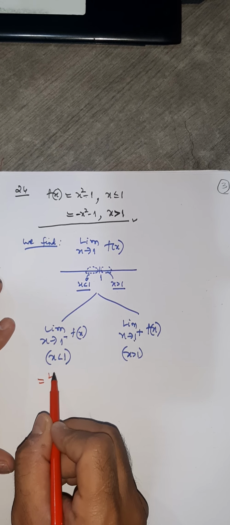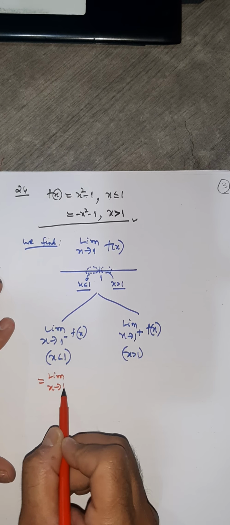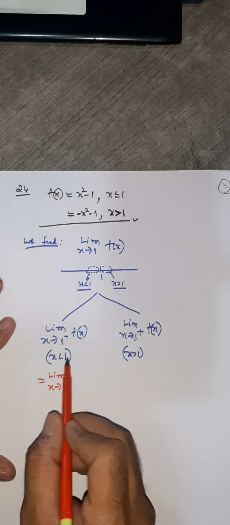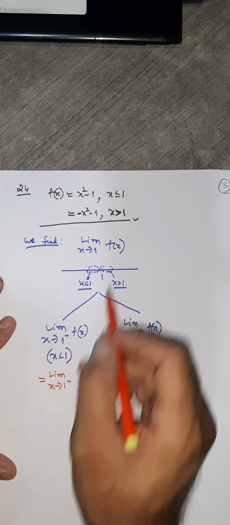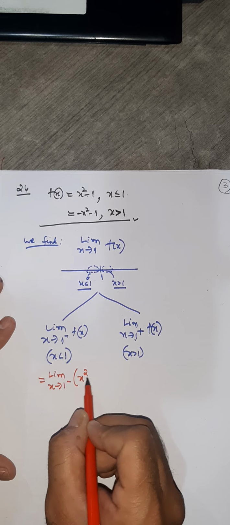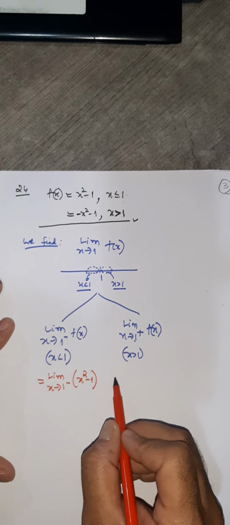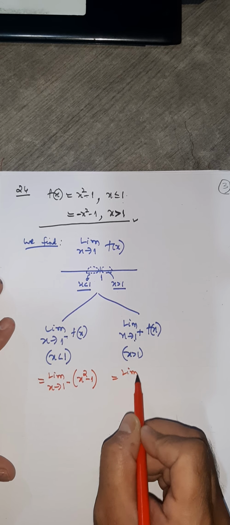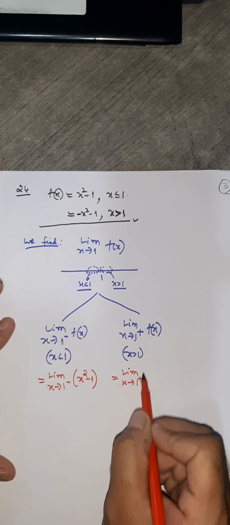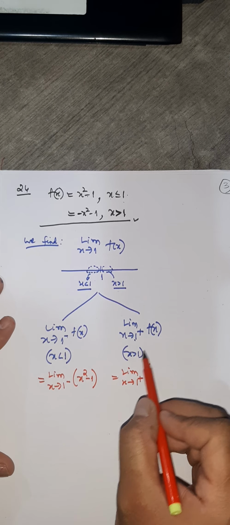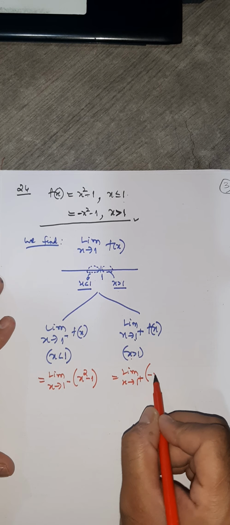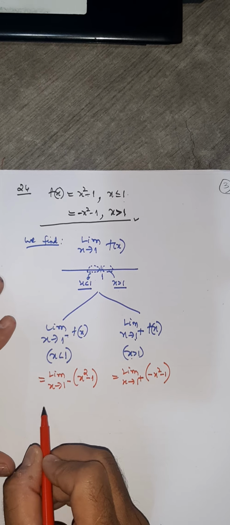So this equals limit x tends to 1 from the left. So x is less than 1. If x is less than 1, then which formula? X squared minus 1. This is for less than or equal to. And this is limit x tends to 1 from the right of f(x). What is f(x)? X is more than 1, so minus x squared minus 1.